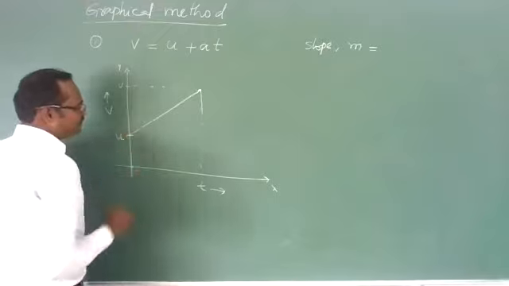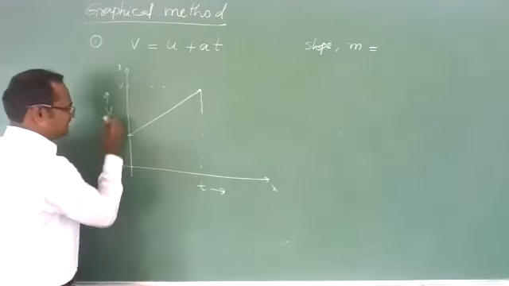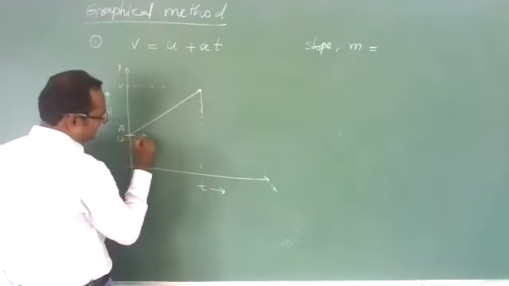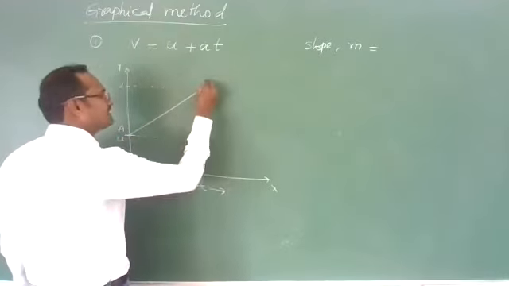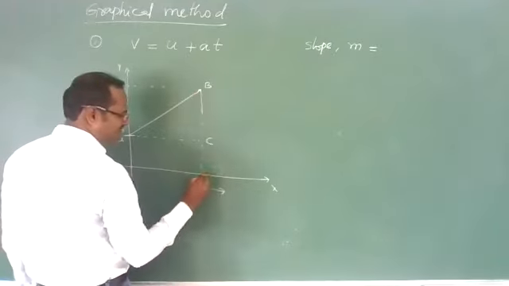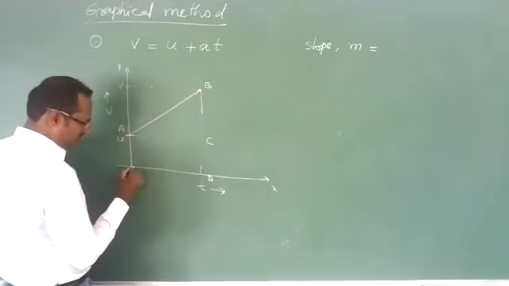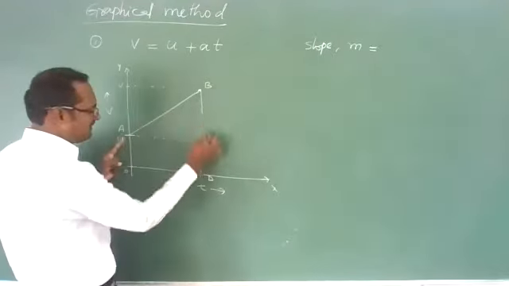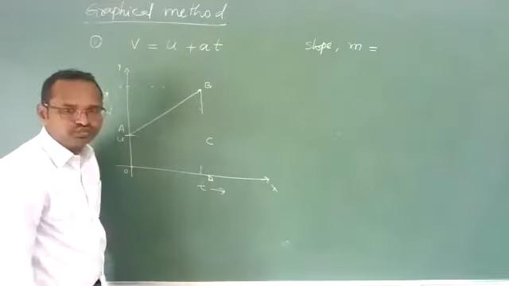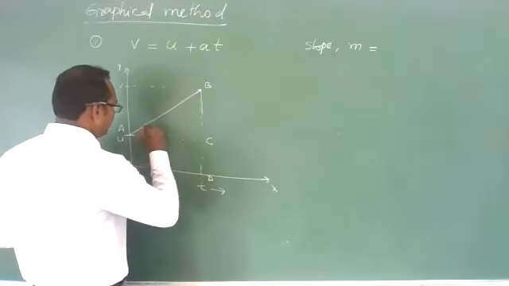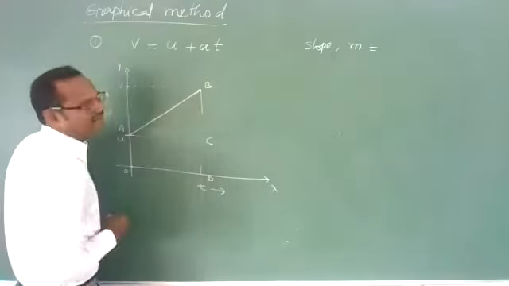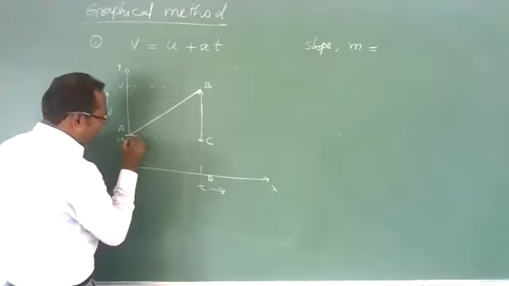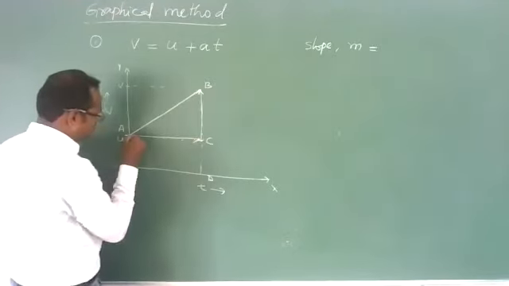I am going to name the points. This point is A, and this is the initial velocity u. This is B, this is C, this point is D, and this is the origin O. Now for the slope of this line, y increment upon x increment gives the slope.